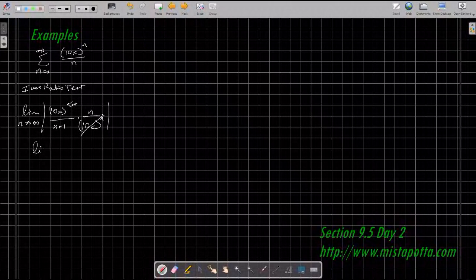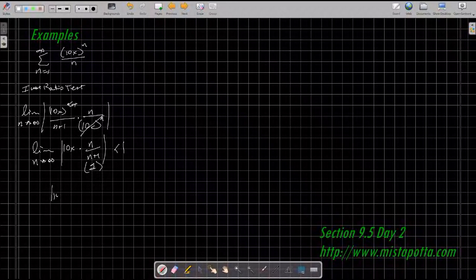in the numerator. So I've got the limit as n approaches infinity of 10x times n over n plus 1. And I want to know when this limit is less than 1. Now, this part is equal to 1.